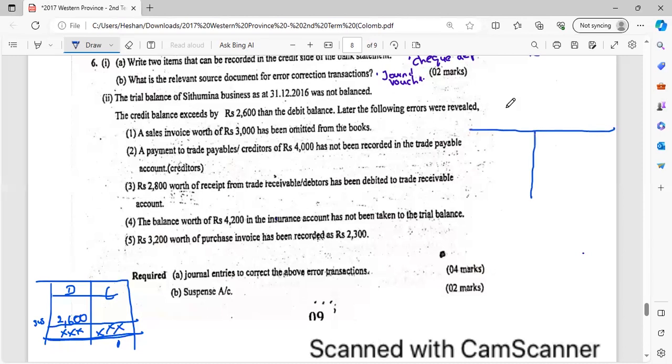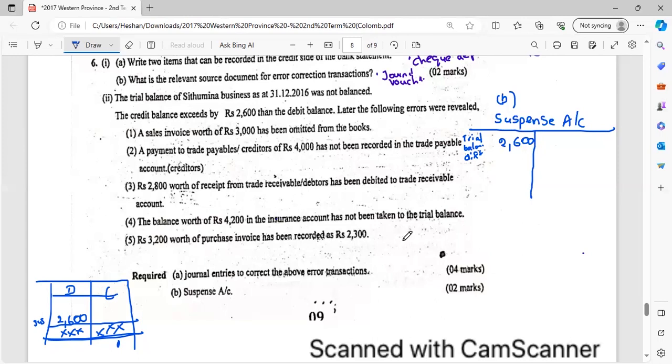This is the suspense account. You can write it as trial balance difference on the debit side. ලියපු පැත්තෙම ලියන්නේ trial balance difference 2,600. Done.